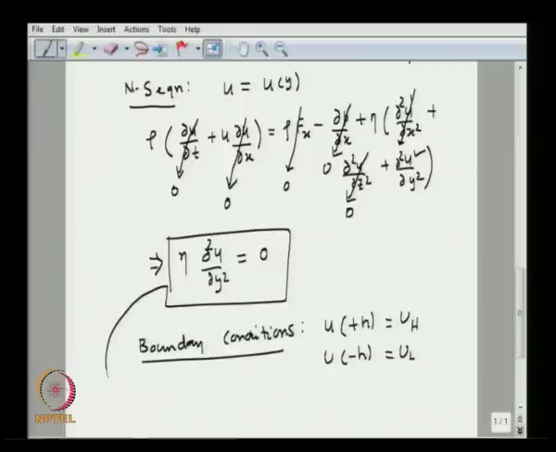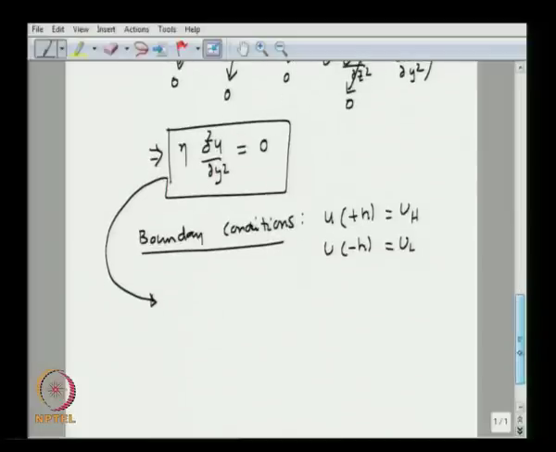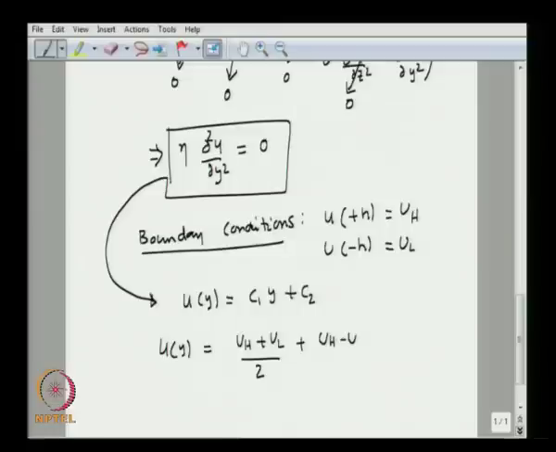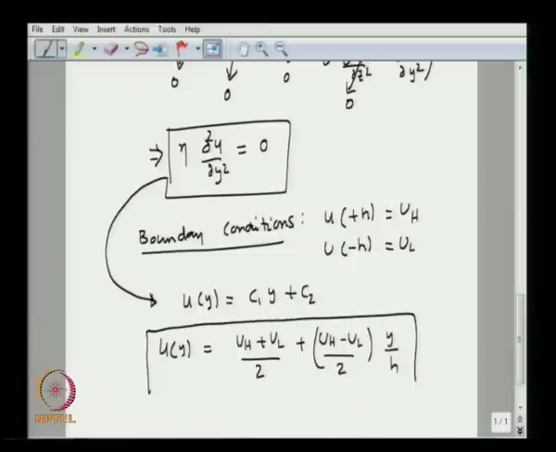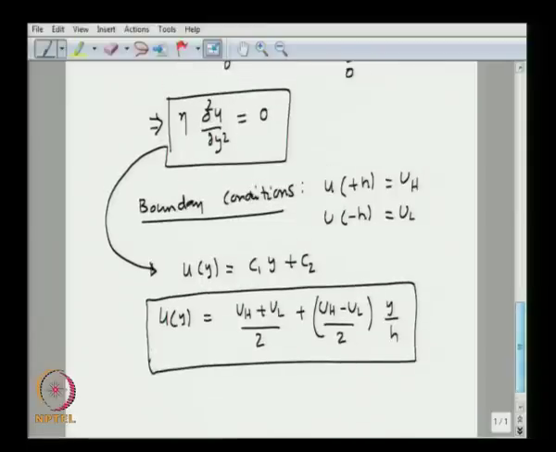Now this equation, if we integrate this equation, we get u of y as c1 y plus c2. Okay. So if you apply the boundary conditions, you would get that u of y will be (uh plus ul) divided by 2 plus (uh minus ul) divided by 2 into y over h. Okay. So this is how the velocity is going to vary in the y direction.